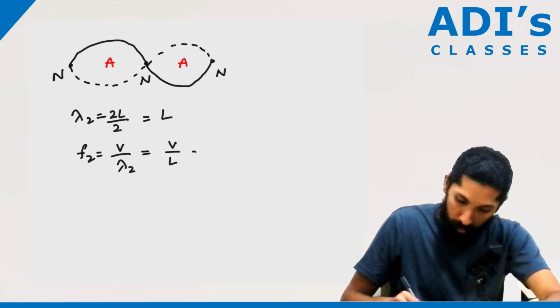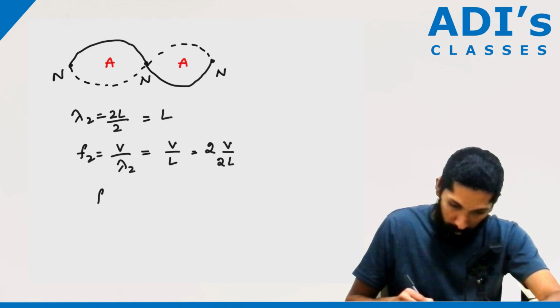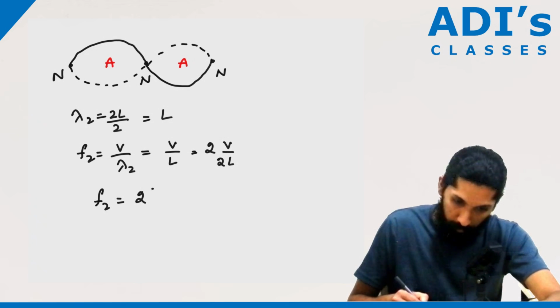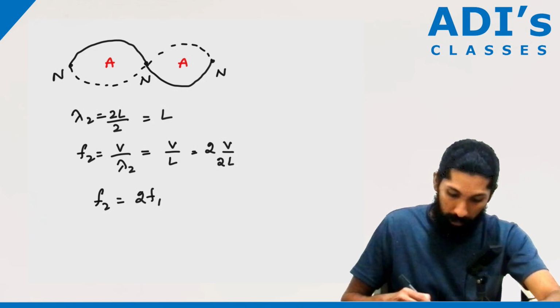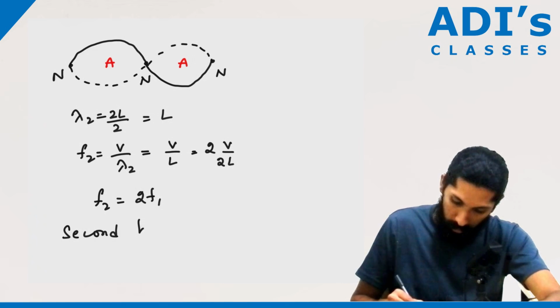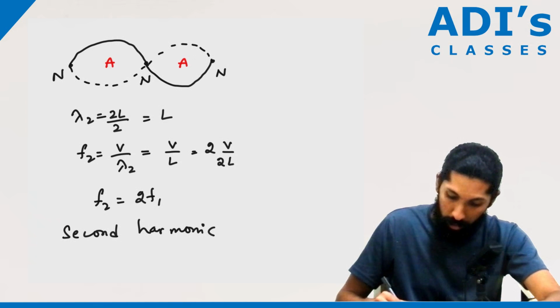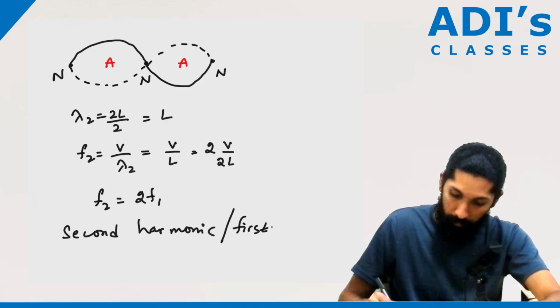That means you will have this as 2 times V by 2L. But V by 2L is F1. That means F2 becomes 2 times F1. This is called the second harmonic, or first overtone.